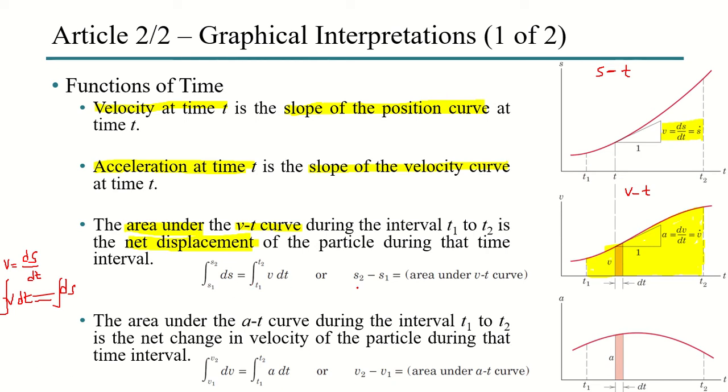S is the area under this v-t curve, which is s2 minus s1. So what is s2, what is s1? Referring to this v, this can be our s1, then at this point here, this could be our s2.